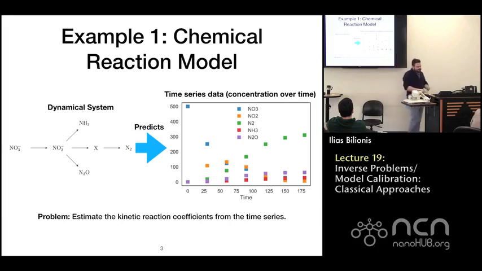And we have hypothesized a model for how the one chemical converts to the other chemicals. And this model is a dynamical equation that requires the rate with which one chemical converts to another chemical. So if you call these rates K1, K2, K3, K4, and K5, these are the parameters that we're looking for, the rate with which these chemicals convert to one another.